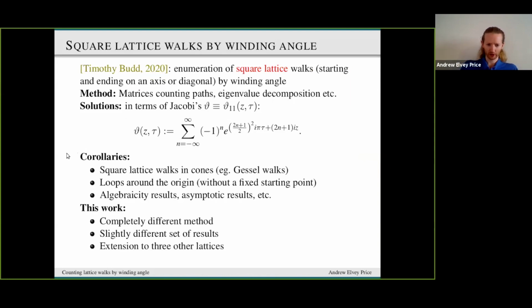My work uses a completely different method. I get a slightly different set of results on the square lattice, but more or less I'm solving the same problems. The main thing is that my method works on 3 further lattices other than the square lattice.